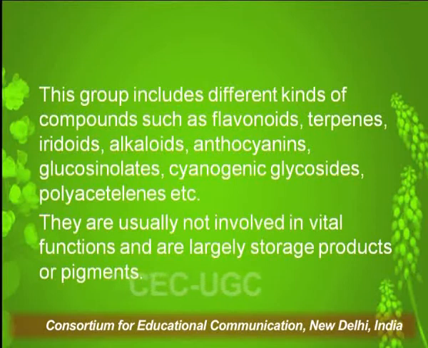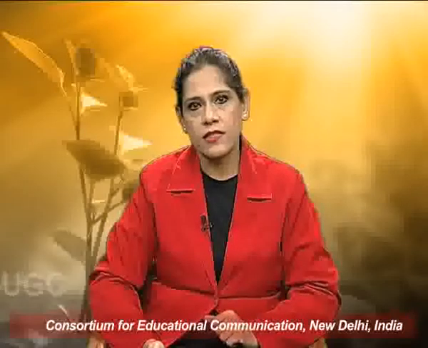Now, this group includes different kinds of compounds such as flavonoids, terpenes, iridoids, alkaloids, anthocyanins, glucosinolates, cyanogenic glycosides, polyacetylenes, etc. They are usually not involved in vital functions and are largely storage products or pigments.